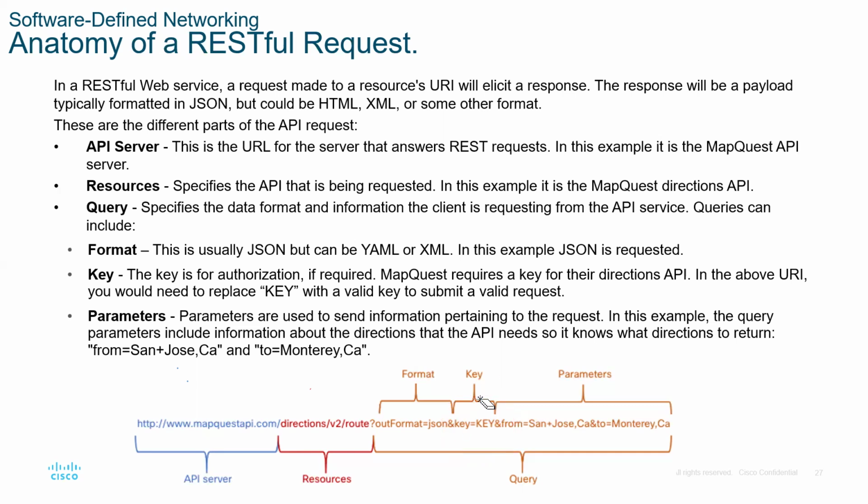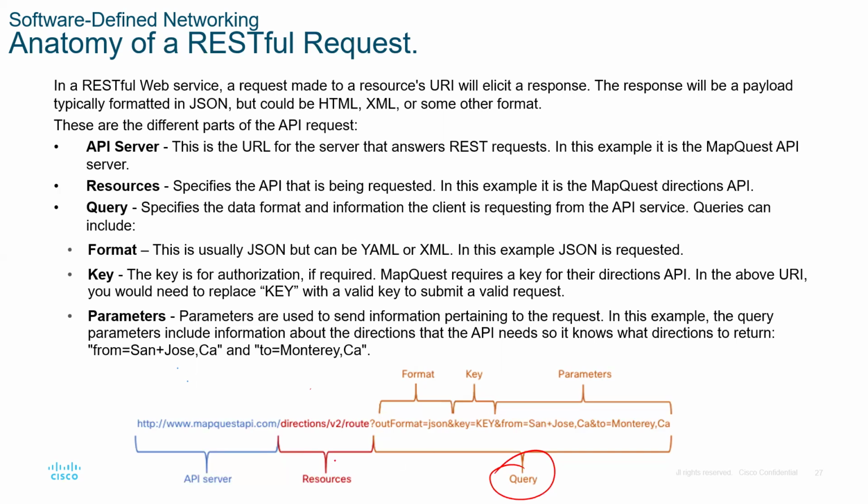Right? So a combination of this, the format, the key, and the parameters forms what we call the query. The parameters are used to send information pertaining to the request. In this case, the information includes the direction that the API needs, so it knows what directions to return.